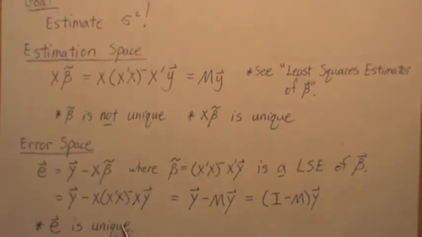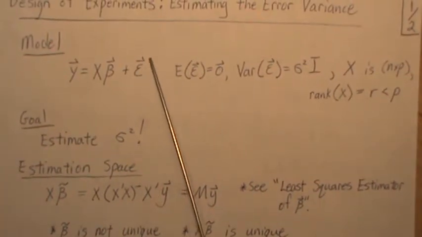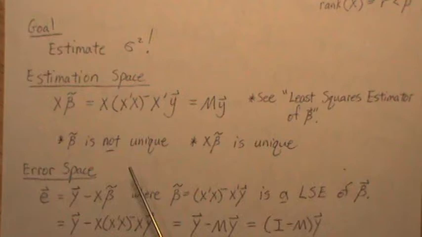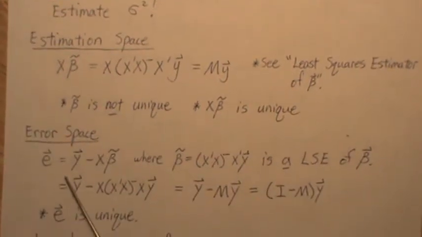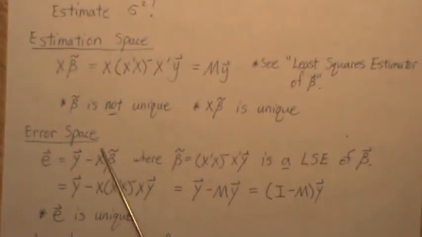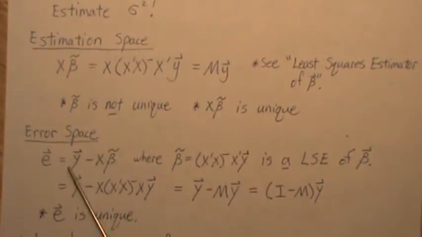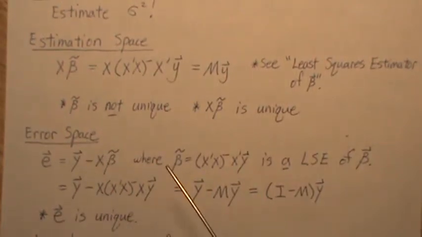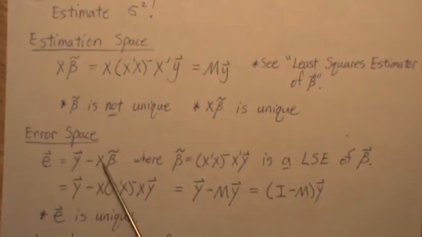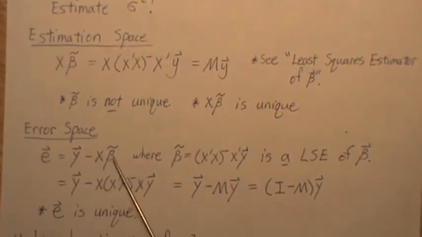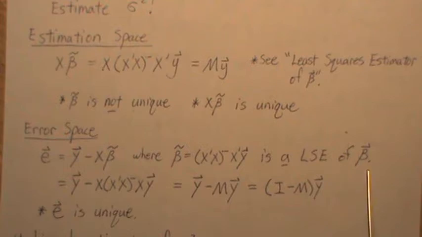Now the error space, and what we're interested in, is an estimate of the epsilon. We call it E. And it's y minus x beta tilde. So this is how far off we missed predicting y. Now, beta tilde, of course, is the least squares estimate of the parameter beta.